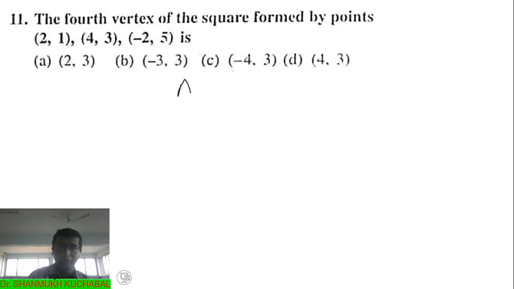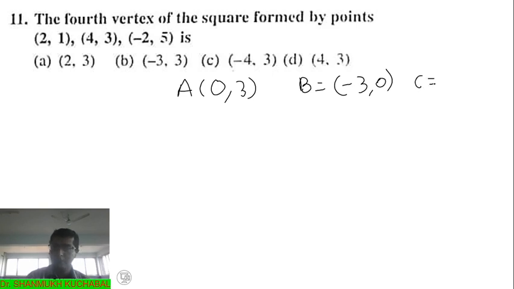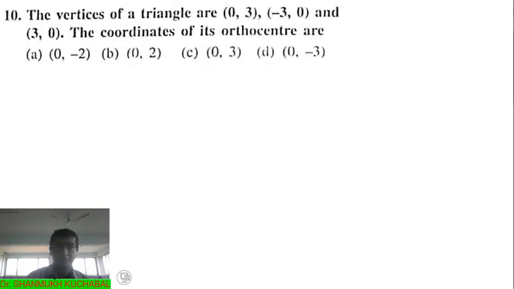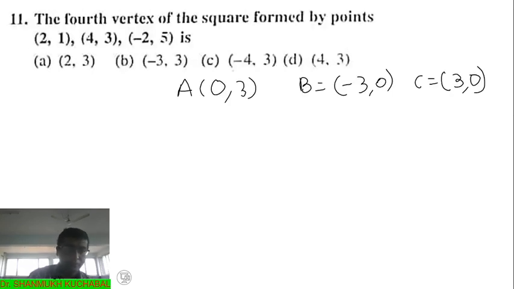First point we'll take as A, 0, 3, B, minus 3, 0 and C, 3, 0. Just a minute, we have skipped one question. Yes, we'll take A here. Okay, we'll erase this.